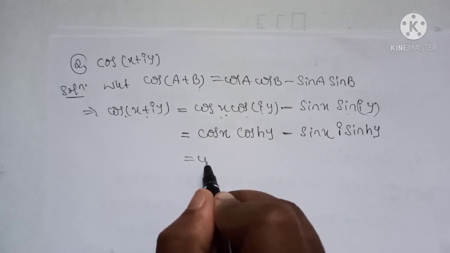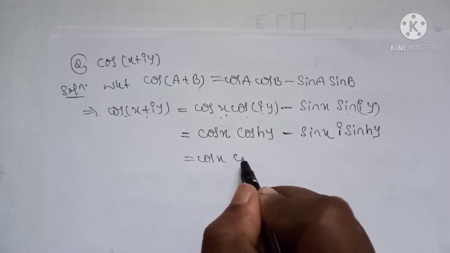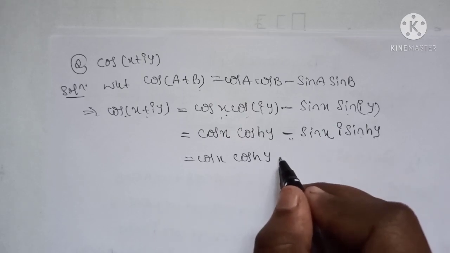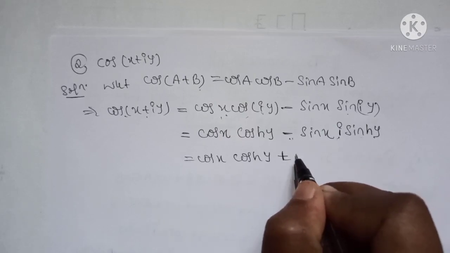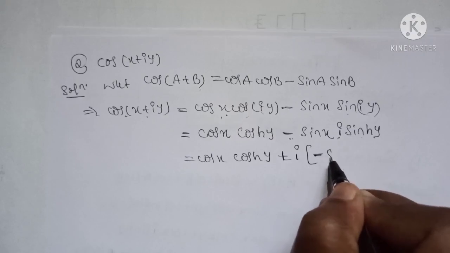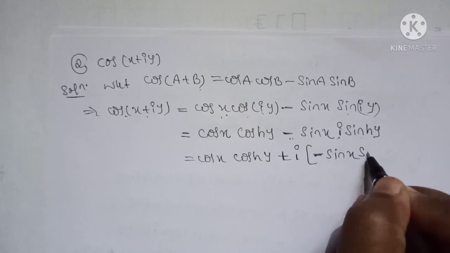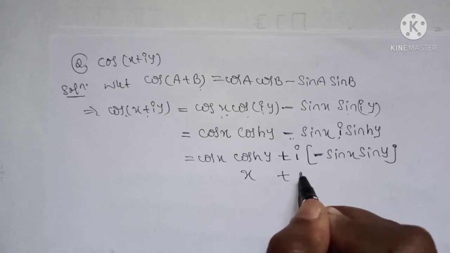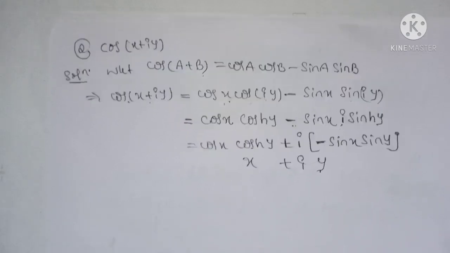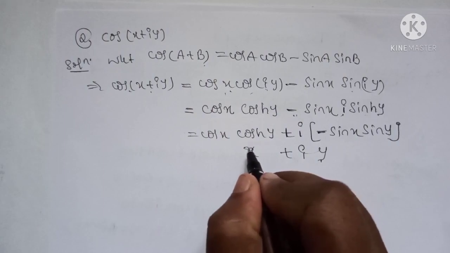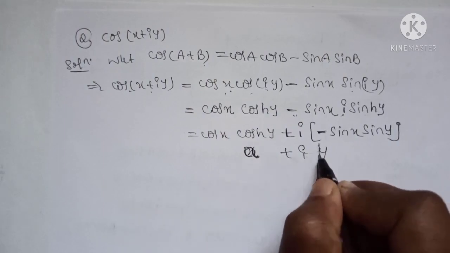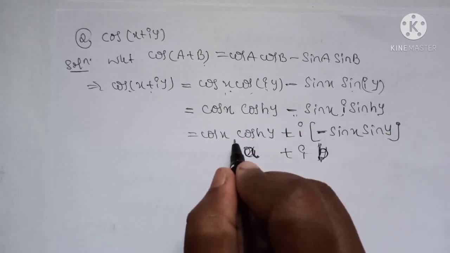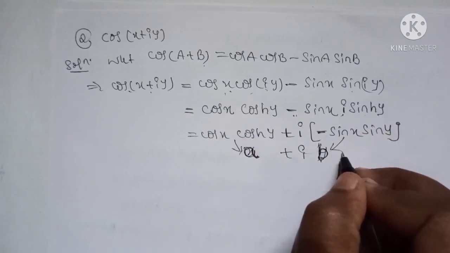So this is equal to cos x cosh y, plus i times minus sin x sinh y. Now it is in the form of x plus iy, which we have already taken, so we can represent it as a plus ib, which is in the complex number form. Therefore this is the real part and this is the imaginary part.